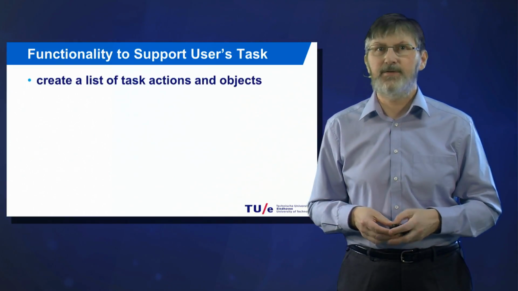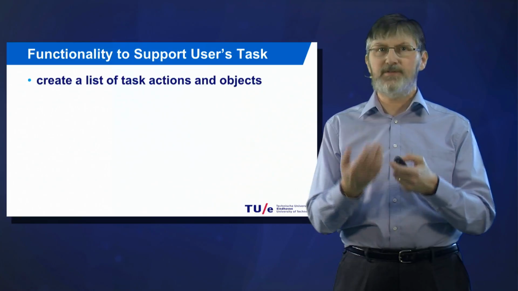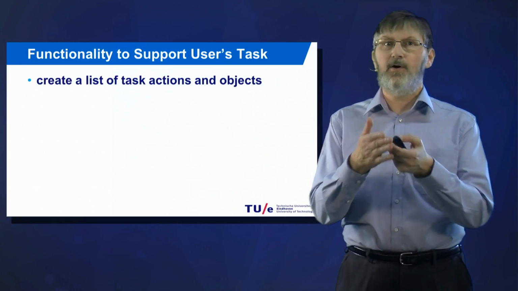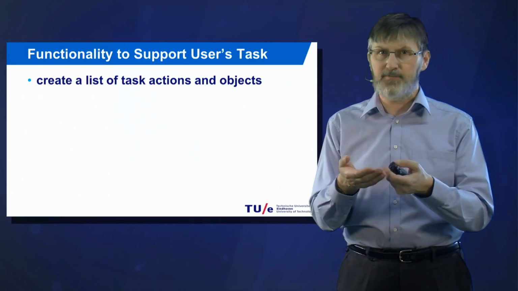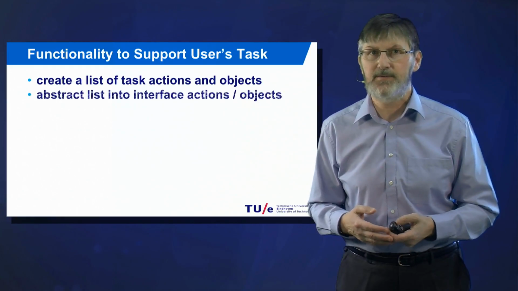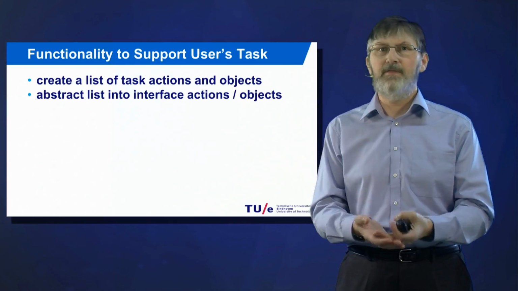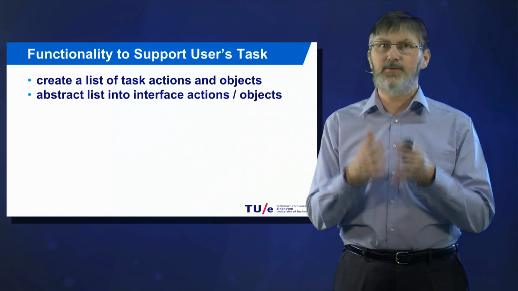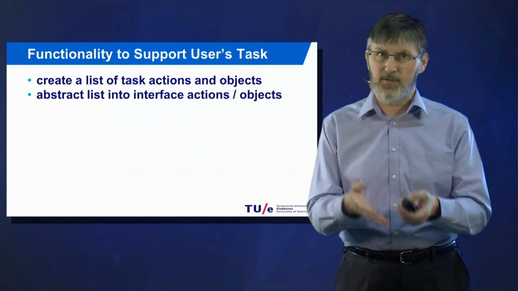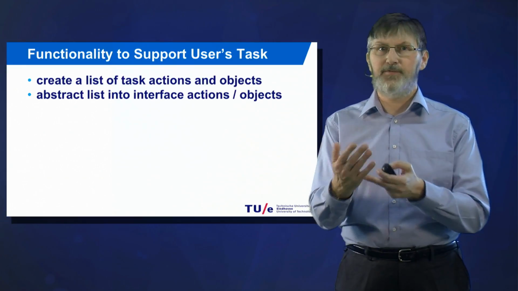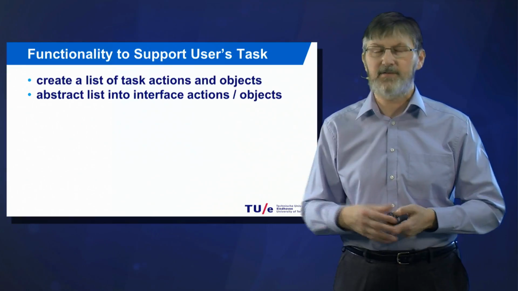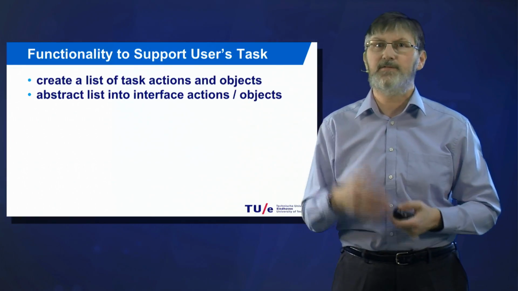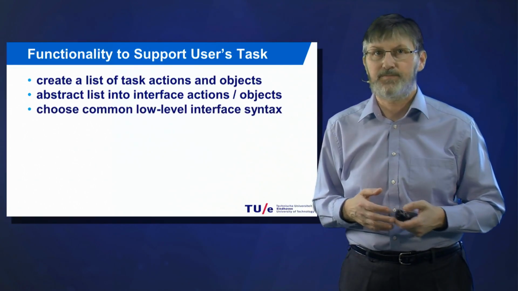To support the user's task, we need to start by creating a list of the task actions that need to be performed and the types of objects that can be used. Then we abstract this list into interface actions, into commands. And the different types of objects, we also categorize them. Some things may be files, some may be directories, for instance, some may be devices.